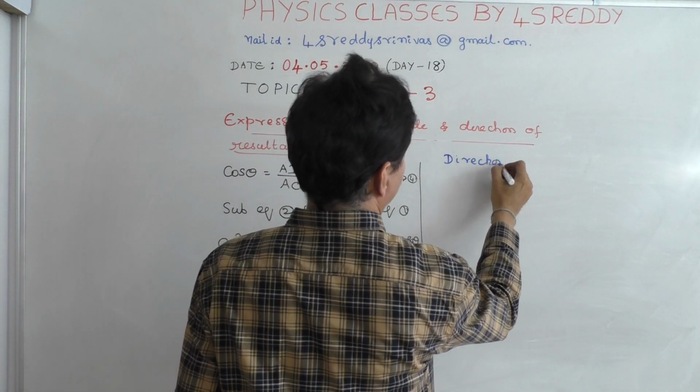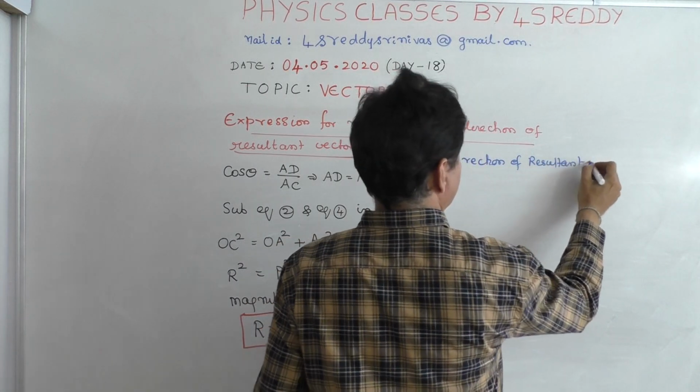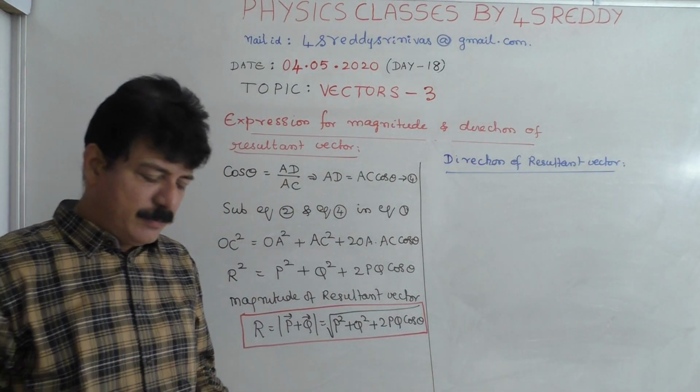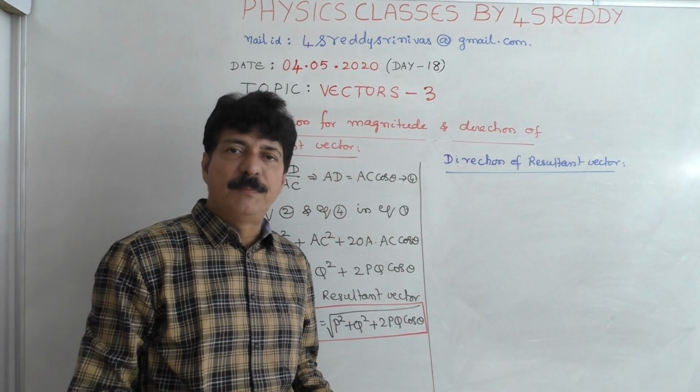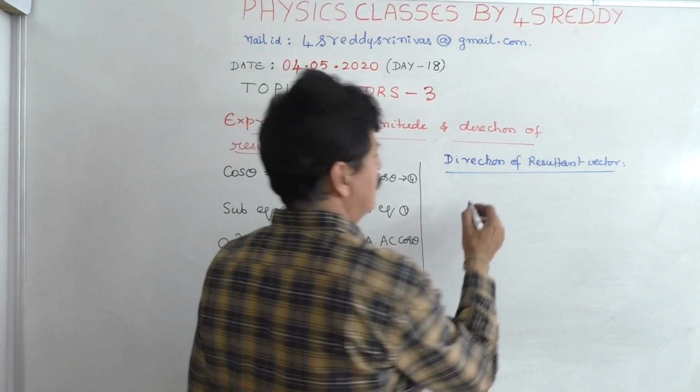Direction of resultant vector means it is simply nothing but the angle made by the resultant vector.